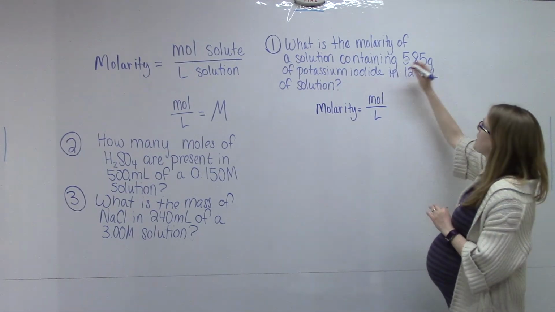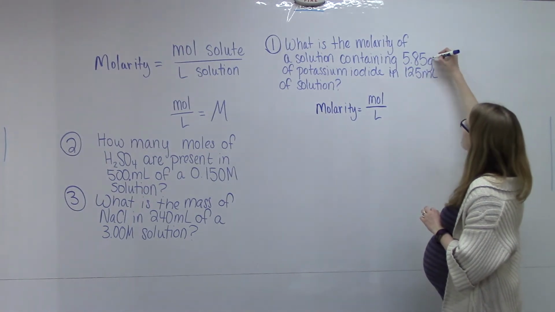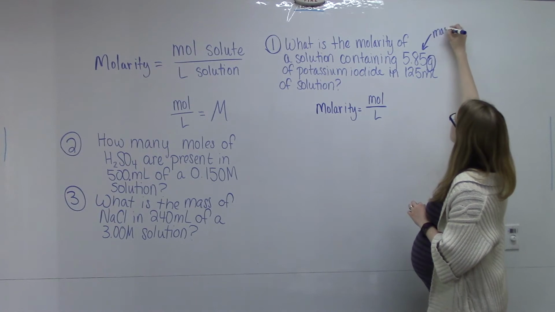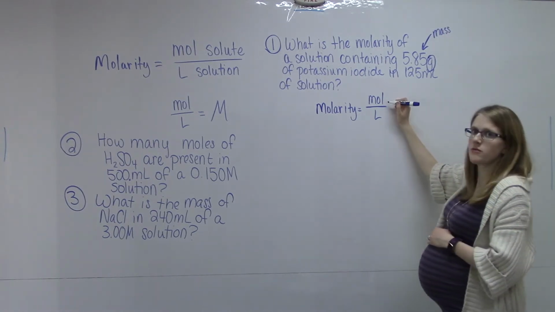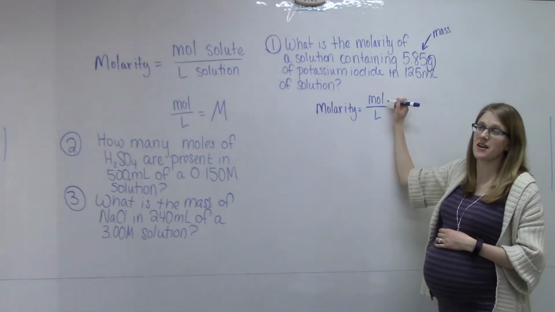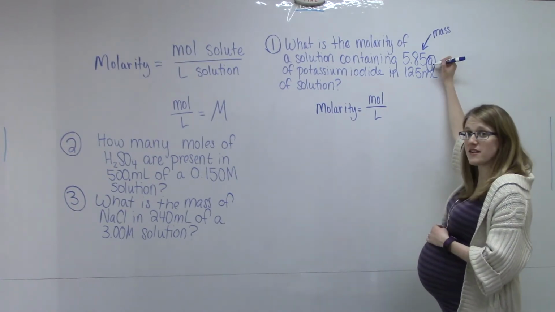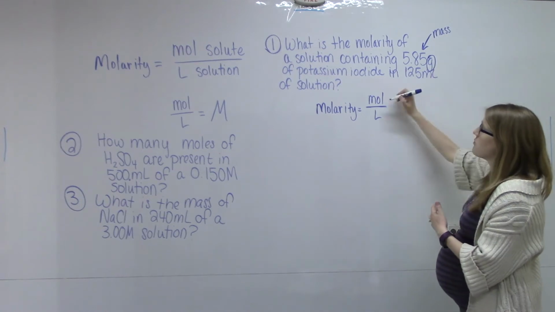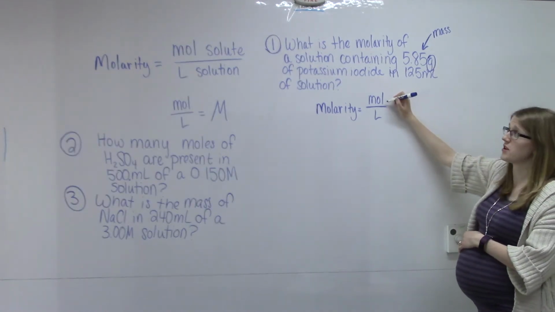A solution containing 5.85 grams. That is a mass. So can we plug that directly in here? We cannot. But if we know the mass, we learned a few units ago exactly how to calculate the moles. So we're going to have to do a mole conversion here.